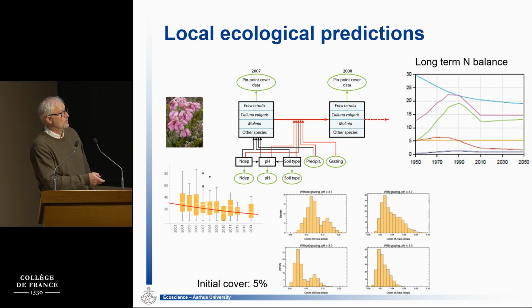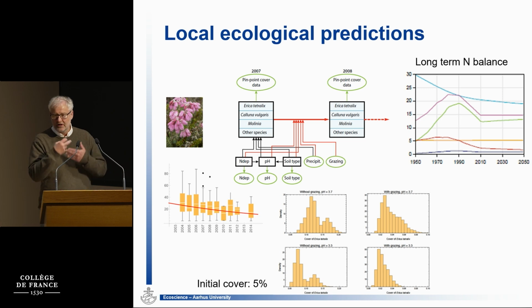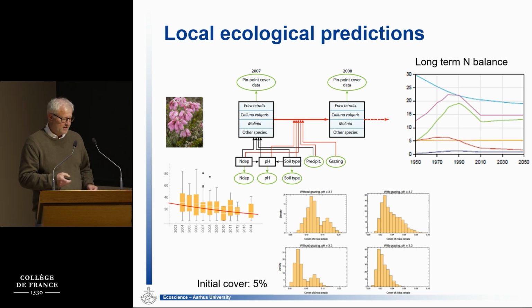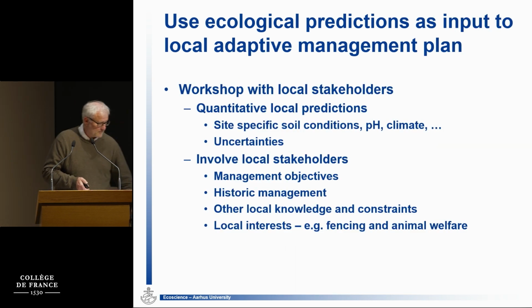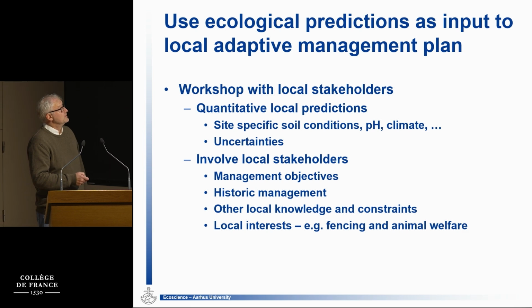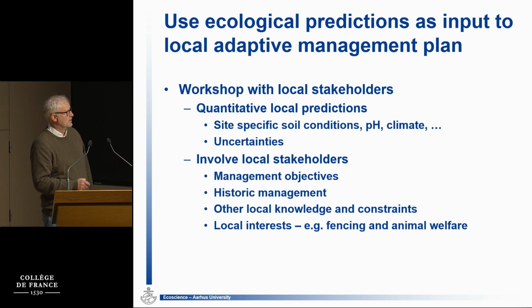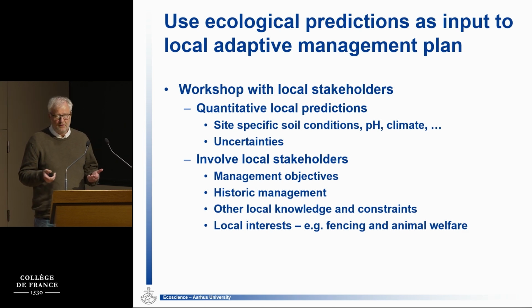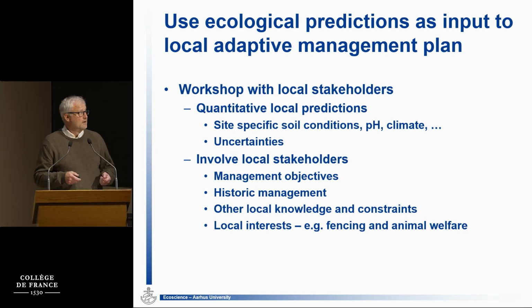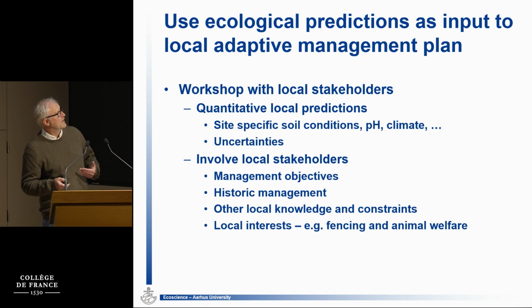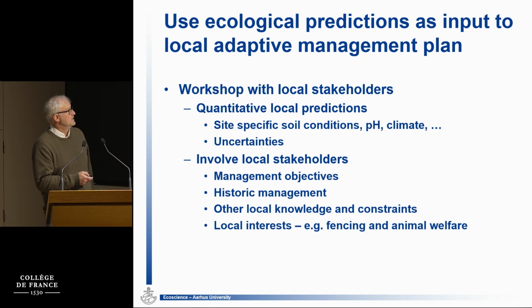And say that we can also talk about what's going to happen in the soil with imbalance with a certain nitrogen deposition and soil type at the site. So then we can present these site-specific scenarios with uncertainties of, for instance, the cover of the Molinia and the cover of Ecoscience.